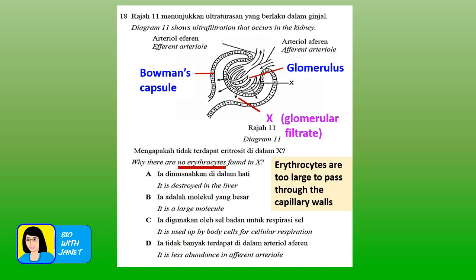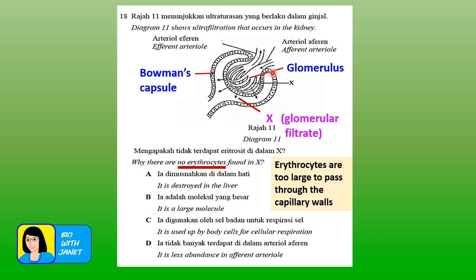Question 18. Diagram 11 shows ultrafiltration that occurs in the kidney. Why are there no erythrocytes found in X? Let's look at this diagram. This structure inside is called the glomerulus. Inside the cup-shaped structure is called Bowman's capsule.